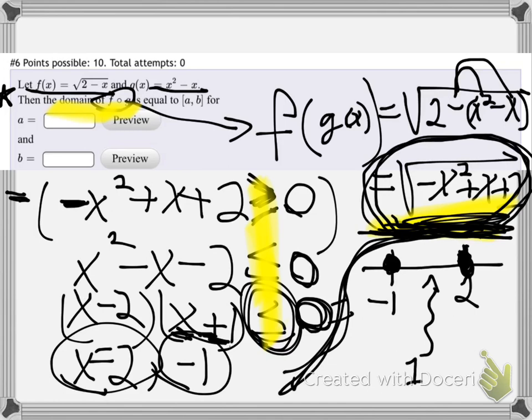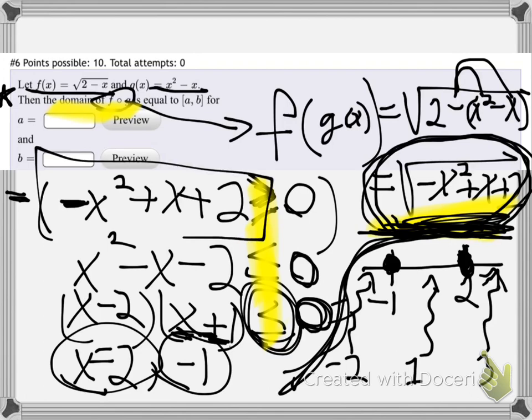I'm going to put a 1 here, and then I'll try a number on the other side of 2, like a 3, and on the other side of negative 1, maybe a negative 2. We're going to try all those into our original expression, negative x squared plus x plus 2.